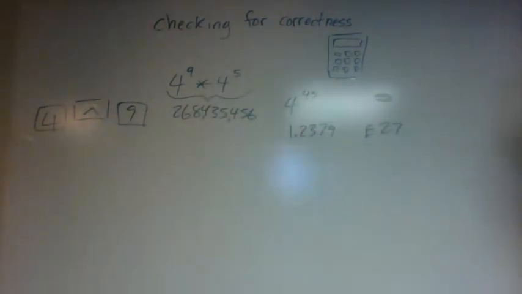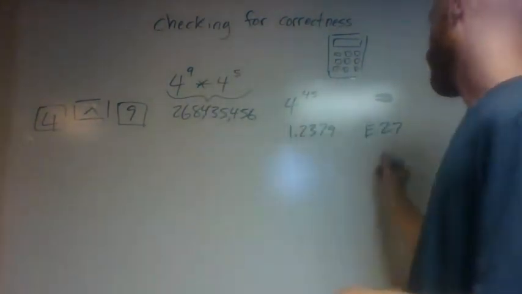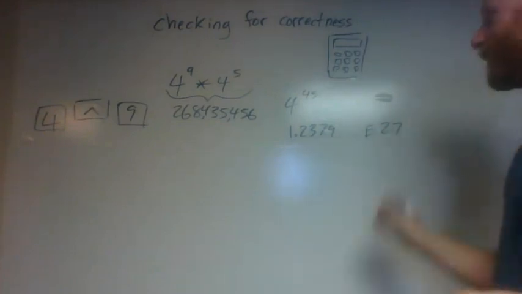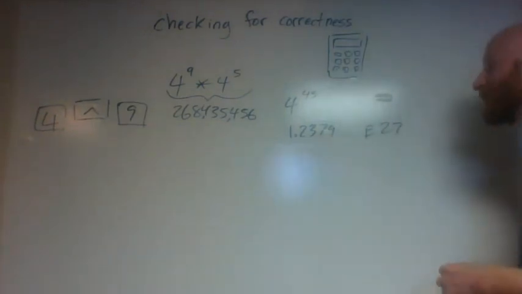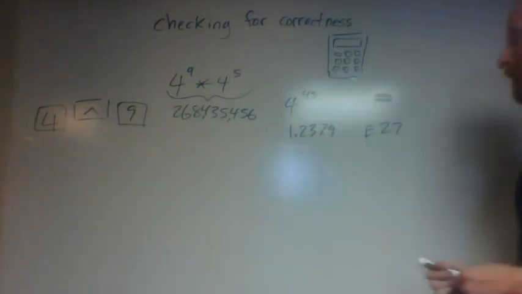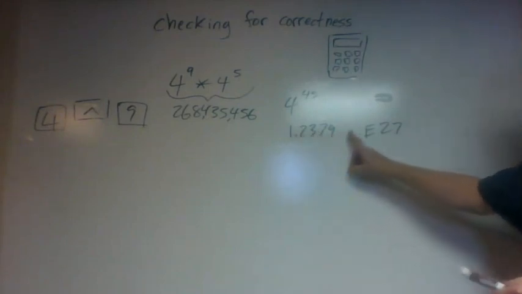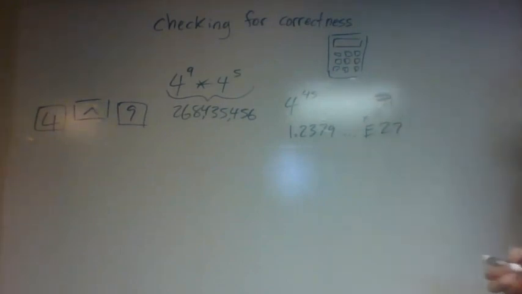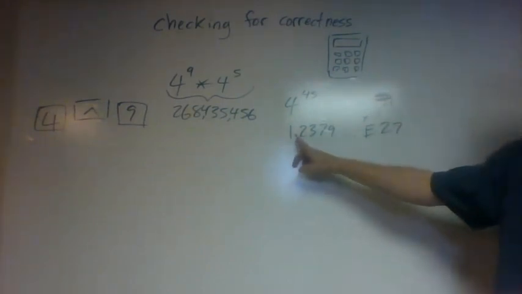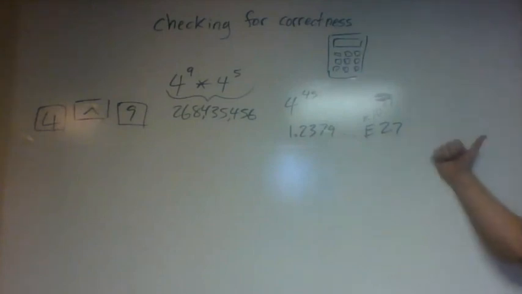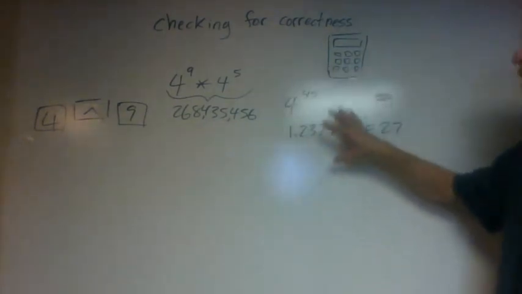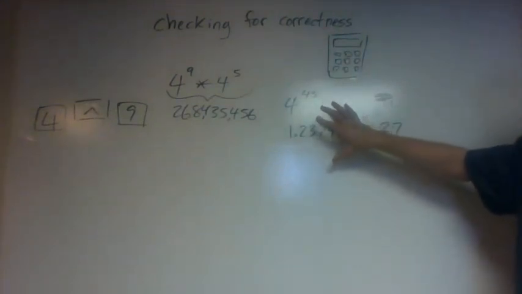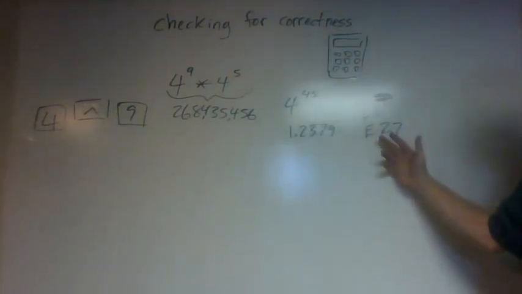Just for your reference, what does this E27 mean? This is scientific notation of sorts. It means this long string of numbers, we're going to multiply that times 10 to the 27th power. So we shift the decimal point 27 spaces to the right. So we actually have a really huge number. This number is too big to fit in the calculator. That's why they use this notation.